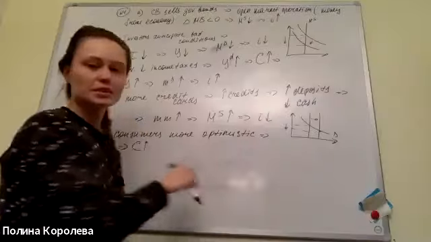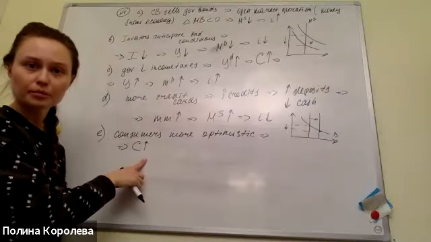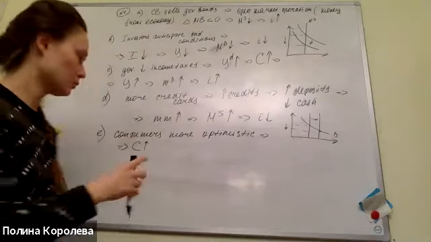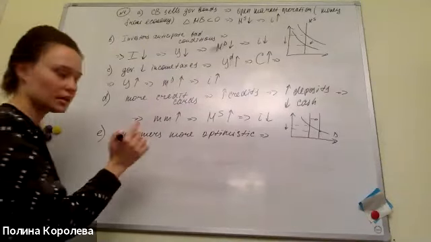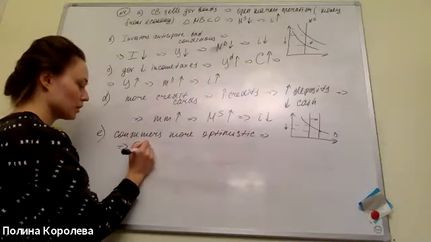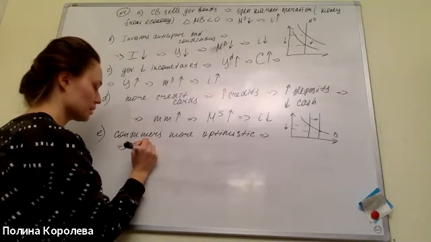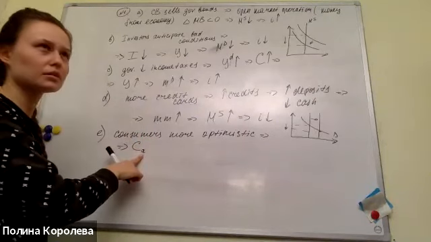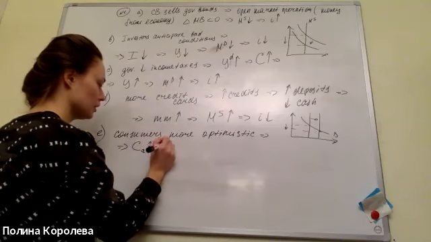Yes. So, and here, consumers become more optimistic about the future. That means that they will consume more. Agree? They will consume more and save less. And we can also write down the part of consumption: autonomous consumption will increase.